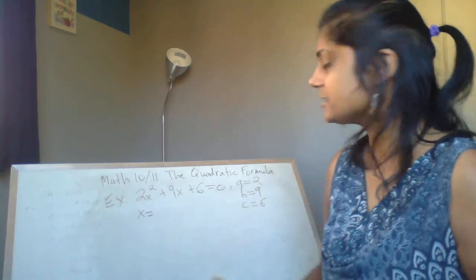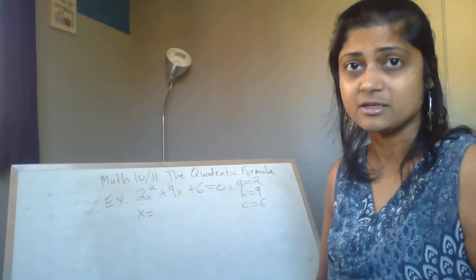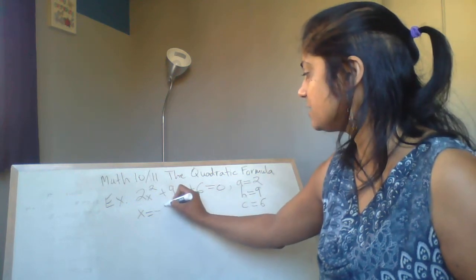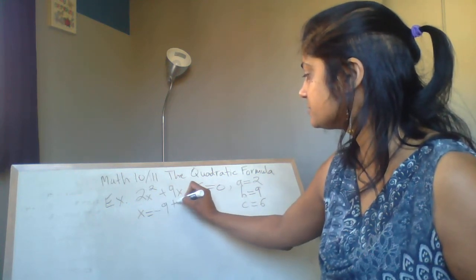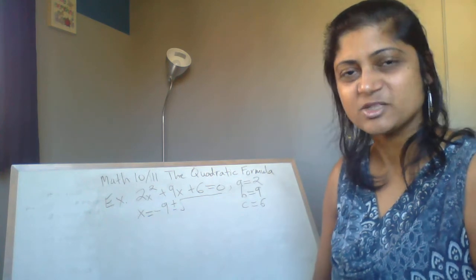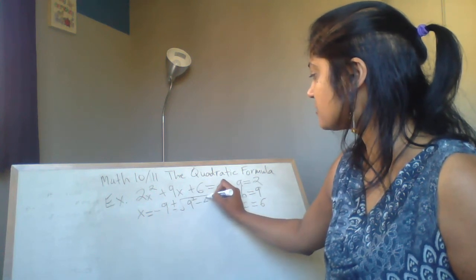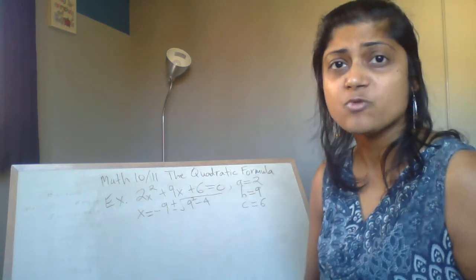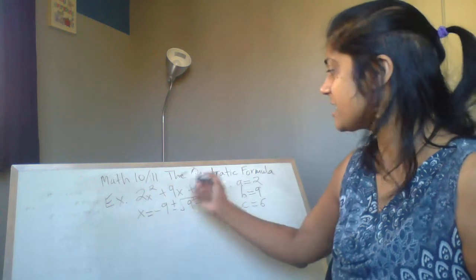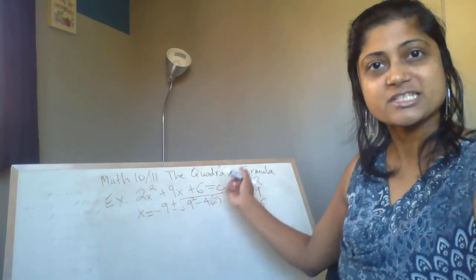So with that, x equals, now in the formula, it's negative b, so it's not just going to be positive 9, I'm going to put negative 9, plus or minus, and then make the square root sign. It's b squared, so I'm going to put 9 squared minus 4, it's 4ac, so 4 times a, which is 2, and c here, which is 6.